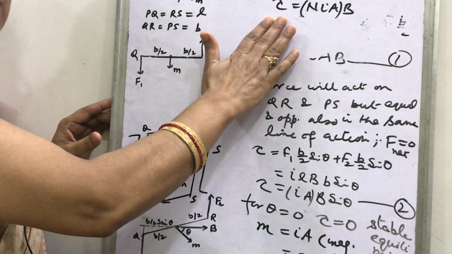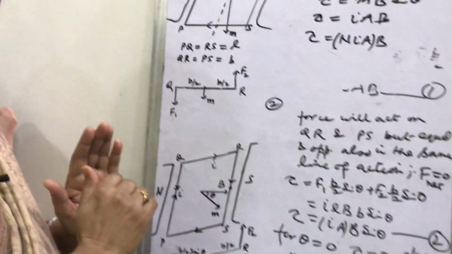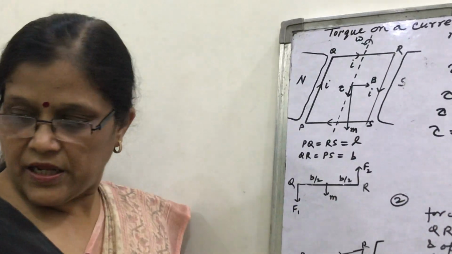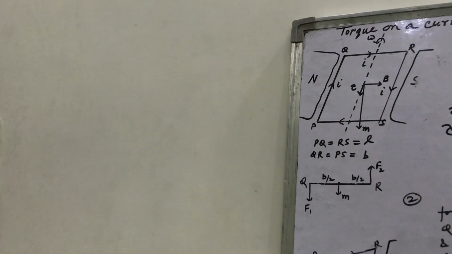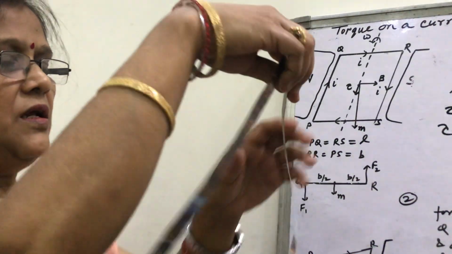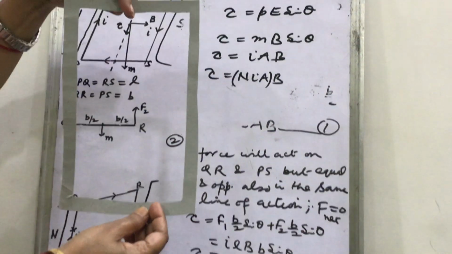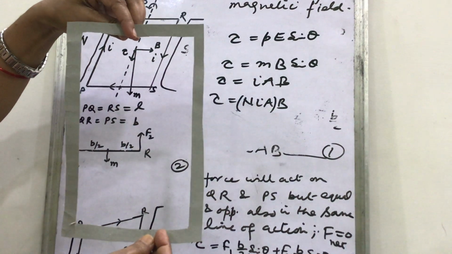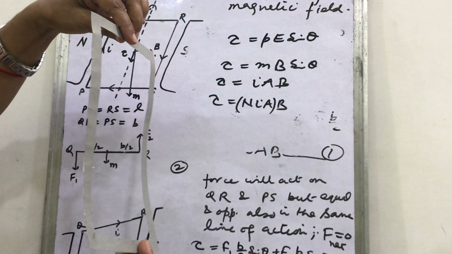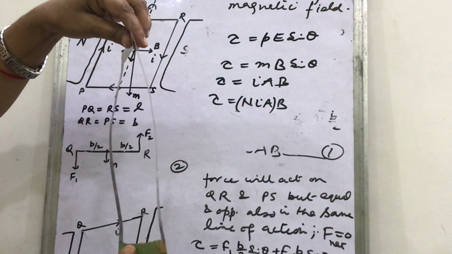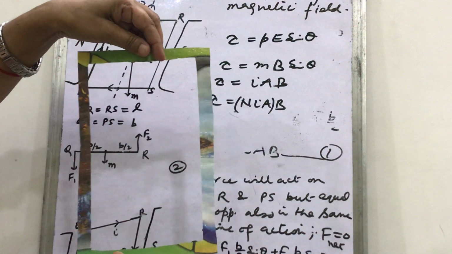What is its role? To rotate the current loop in the magnetic field. So look, if the loop is placed like this, then there is maximum torque, then torque decreases and becomes 0, then again increases to become maximum, then again 0.